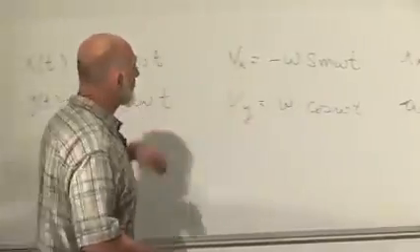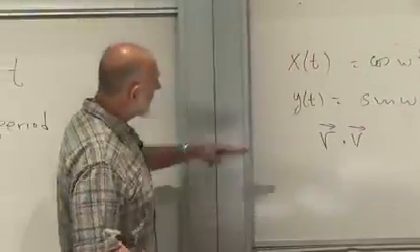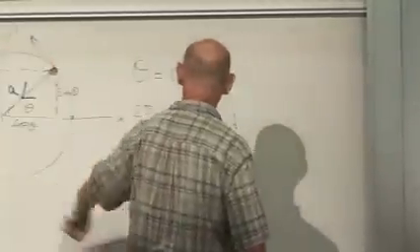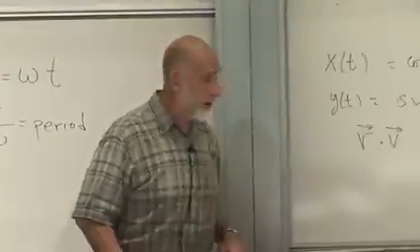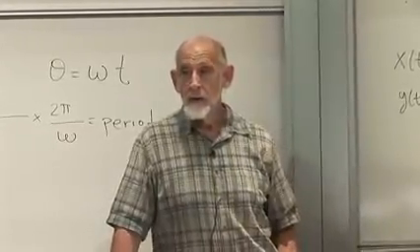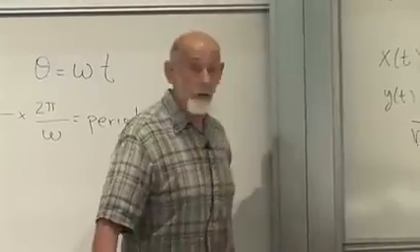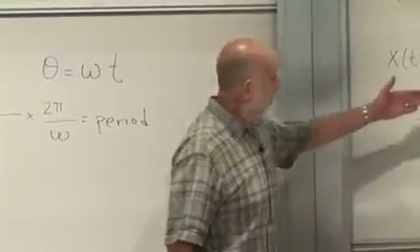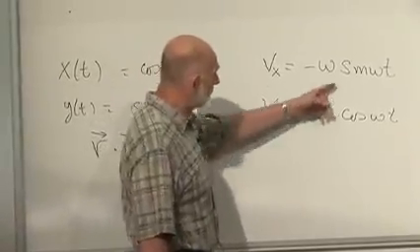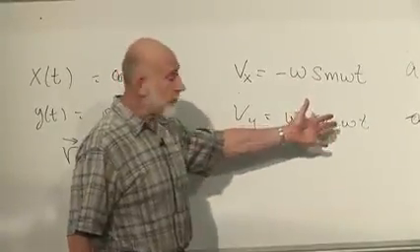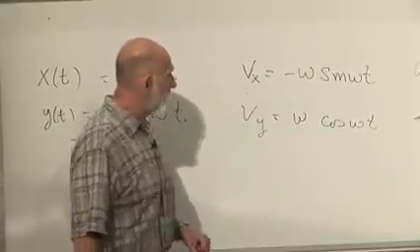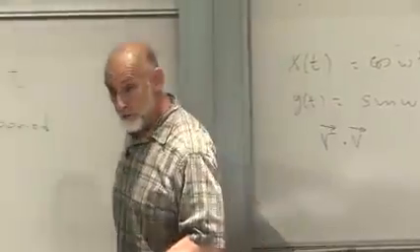How about the magnitude? The magnitude of the position is 1. I put it on the unit circle. What about the magnitude of the velocity? Velocity. It's just omega, right? Just this, vx squared plus vy squared is equal to the square of the magnitude. Sine squared plus cosine squared add to 1. So we're just left with omega squared for the square of the velocity.